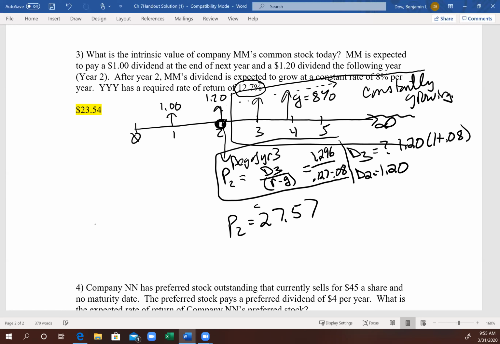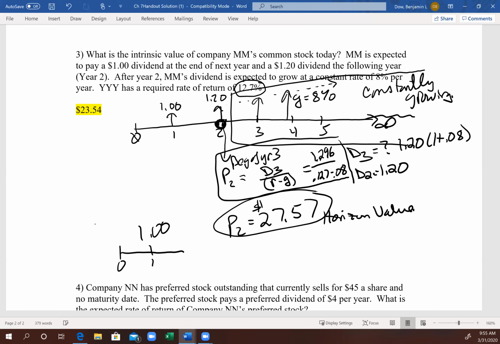But remember, I said, don't get excited that you found the horizon value. Because we're really looking for the intrinsic value. So once you found it, now you can go back and find the present value of the dividends and the selling price.